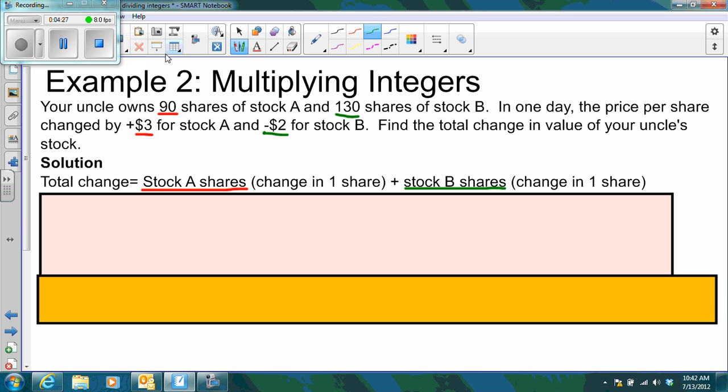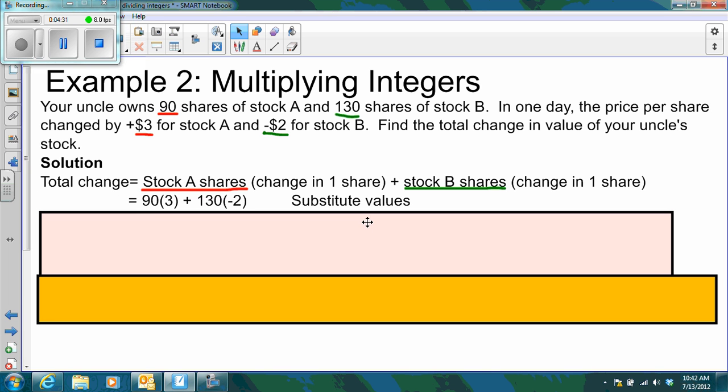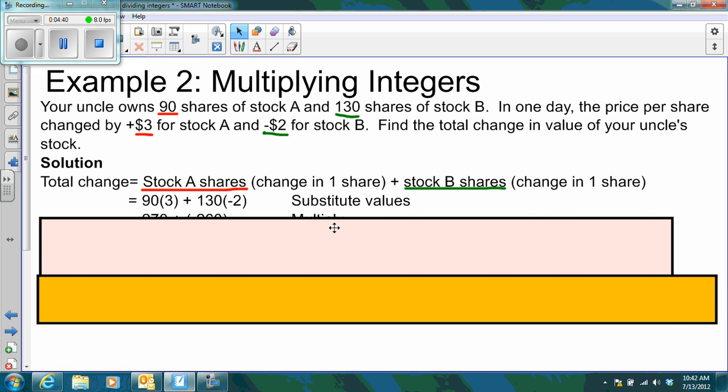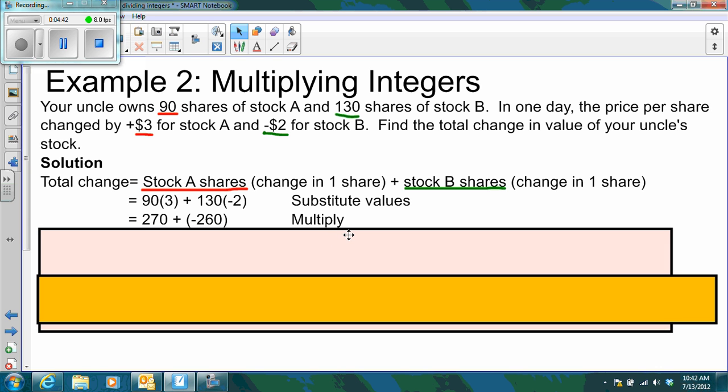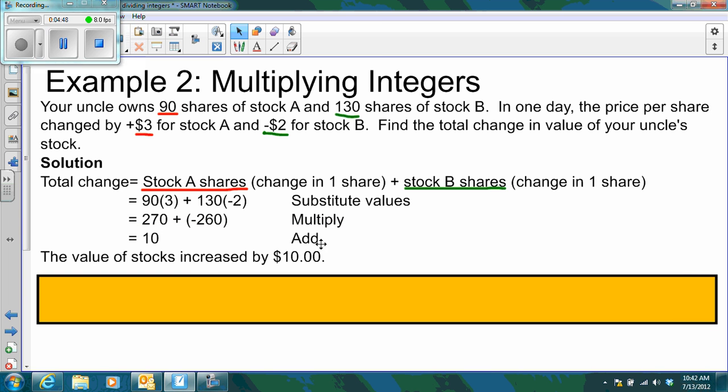So now that we know how to set it up, we can substitute those numbers. So we have 90 times 3 plus 130 times negative 2. And if you use your order of operations, remember we have to multiply before we can add. So we have 270 plus negative 260, and then we can add them together to get 10.